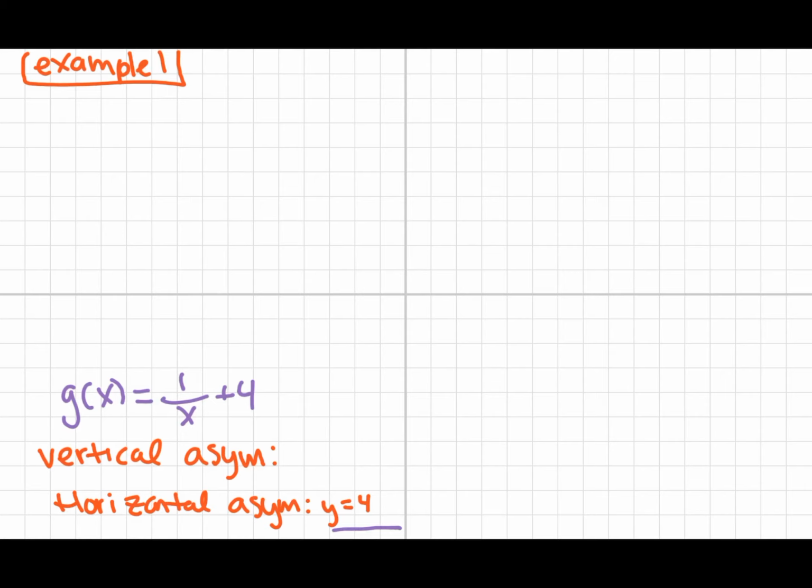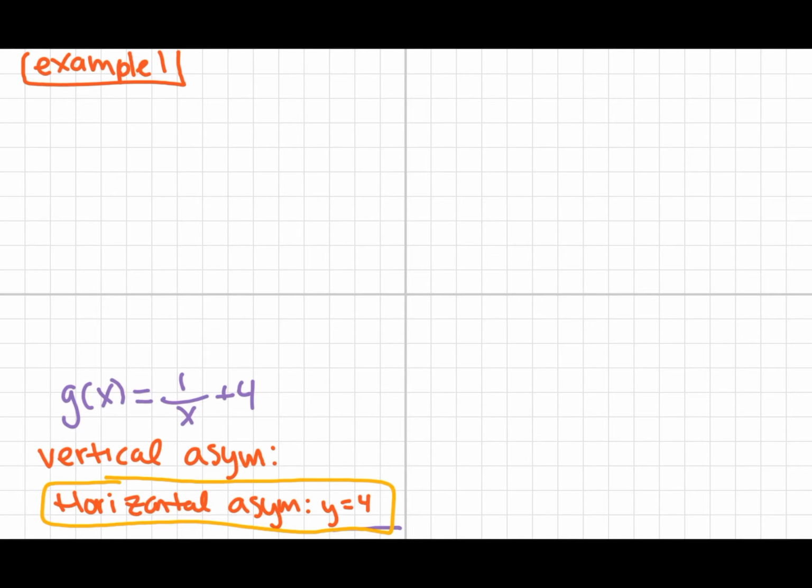I'm adding in additional information because I want you to get used to hearing it, but the whole point of this lesson is to figure out what is a rational function, get comfortable with that, and what is the vertical asymptote. So here you're going to see that I already provided the horizontal asymptote. We will do that later. I'm just providing it so that you can get used to graphing these. I'll teach you how to find them later.